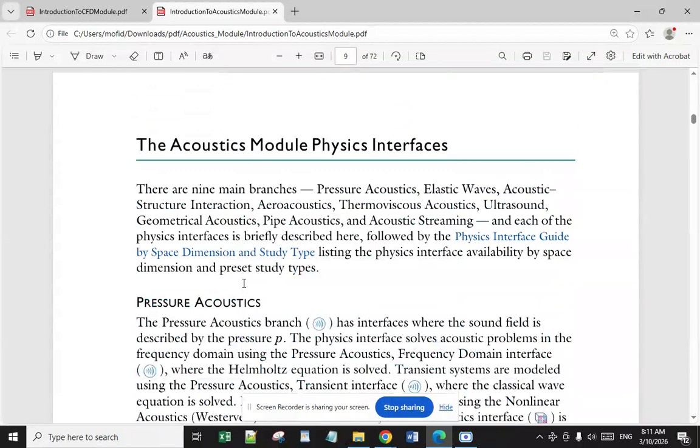The Acoustics Module physics interfaces: there are nine main branches: Pressure Acoustics, Elastic Waves, Acoustic-Structure Interaction, Aeroacoustics, Thermoviscous Acoustics, Ultrasound, Geometrical Acoustics, Pipe Acoustics, and Acoustic Streaming. Each of the physics interfaces is briefly described here, followed by the Physics Interface Guide by space dimension and study type, listing the physics interface availability by space dimension and preset study types.